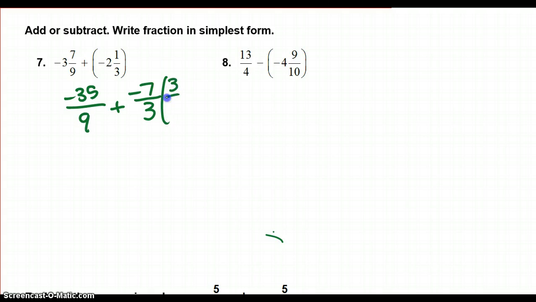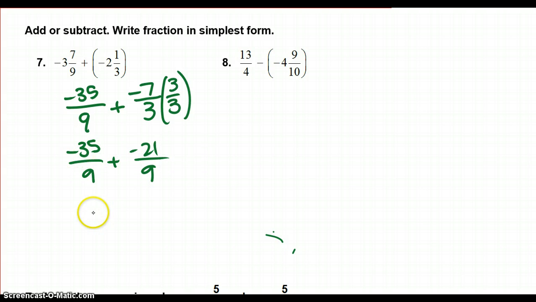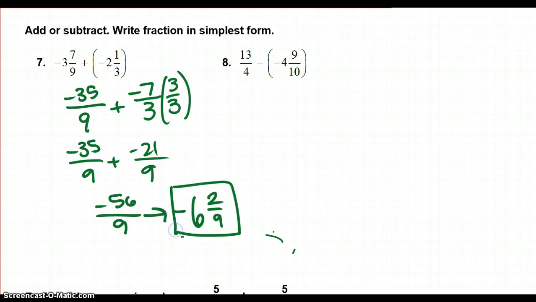My common denominator is going to be 9, so I need to multiply the second fraction, and I get negative 21 over 9. Add the numerator. Signs are the same, so I add and keep. Negative 56 over 9. I need to change that into a mixed number using the J method, and it is negative 6 and 2 ninths.